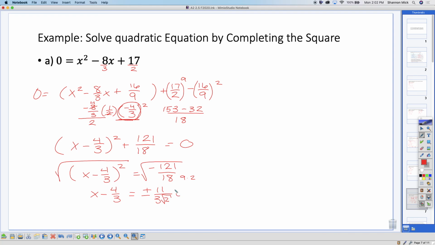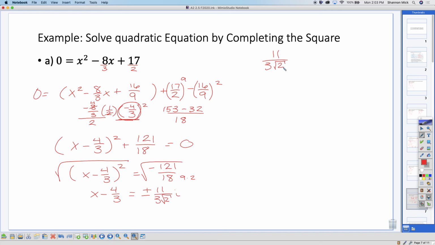Now, we can't leave the square root of 2 in the denominator. It can't happen. So if I have 11 over 3 square root of 2, it's called rationalizing.